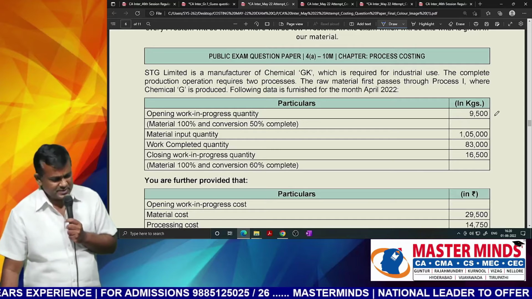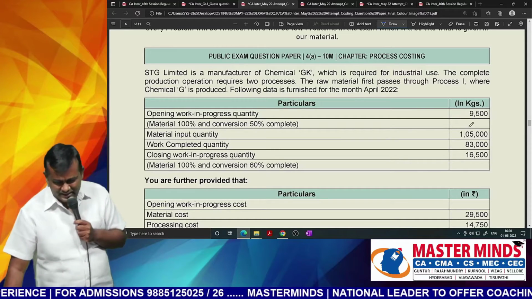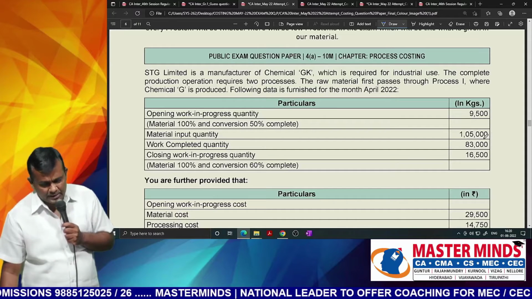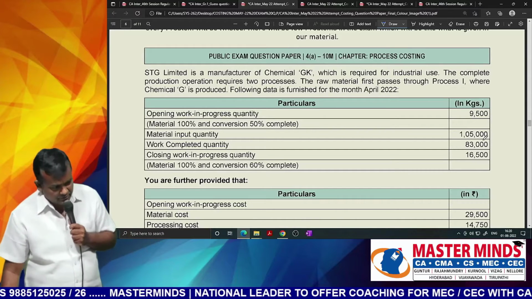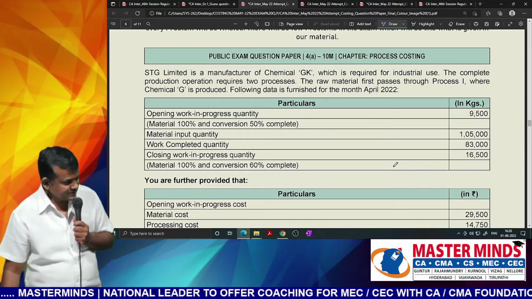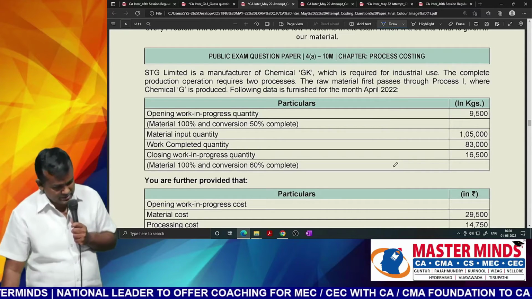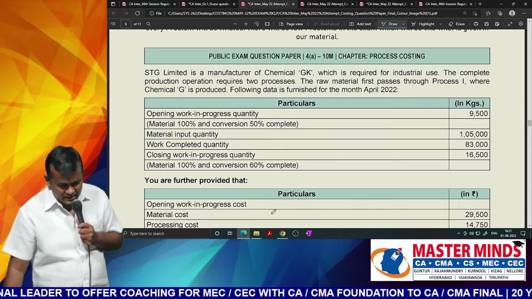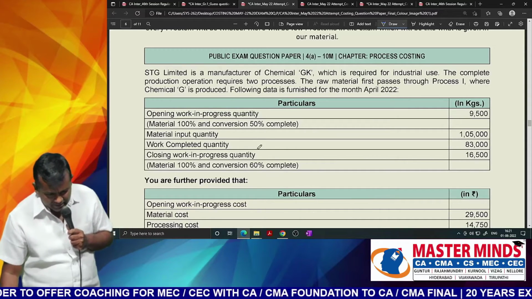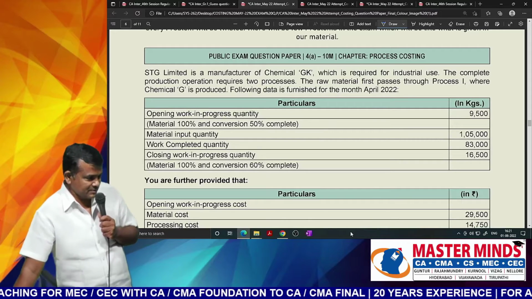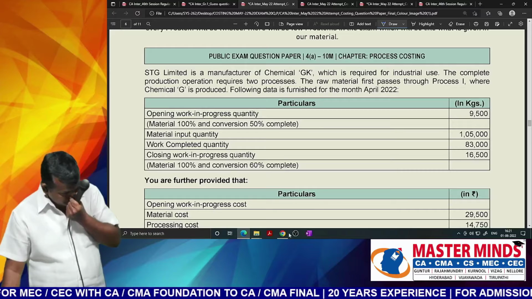Opening work in progress 9,500. Current input 1,05,000. Total input, sir, 1,14,500. Less normal loss, less closing work in progress, we get expected output. Here actual output, sir, work completed quantity 83,000. Then we get abnormal loss or abnormal gain.